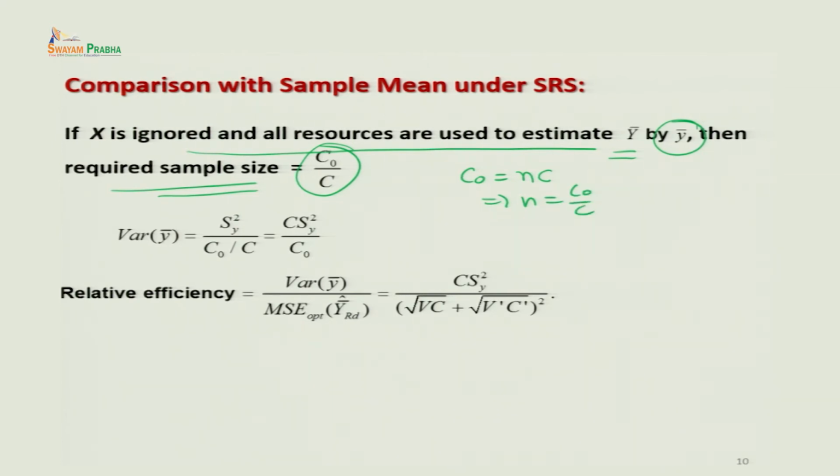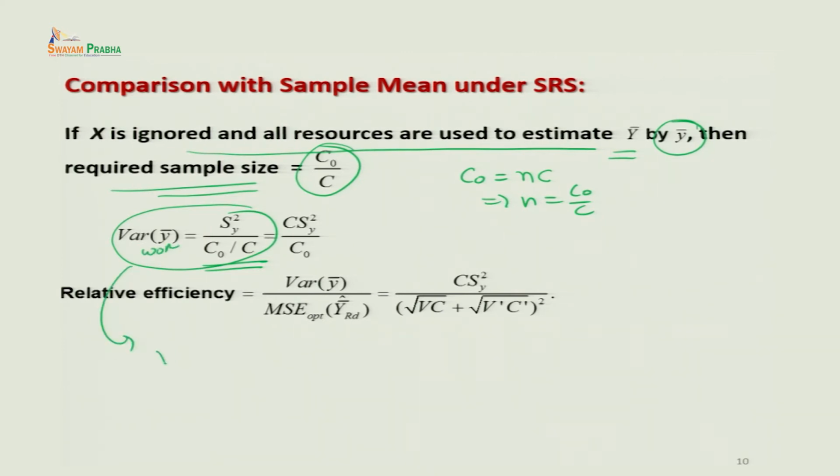And in this case the variance of y bar becomes Sy square upon C0 upon C. You can see how I have obtained this expression of variance under WOR.